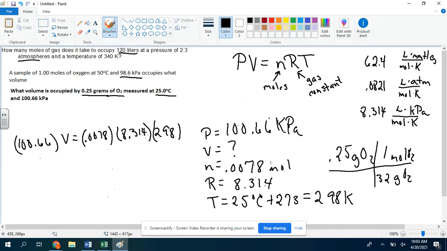Go ahead and combine these. So 298 times 8.314 times 0.0078 would be 19.33. That is just all of these multiplied together, right? Equals. And then this is what you have left over here. So then you would just divide this over, away from your unknown, okay?